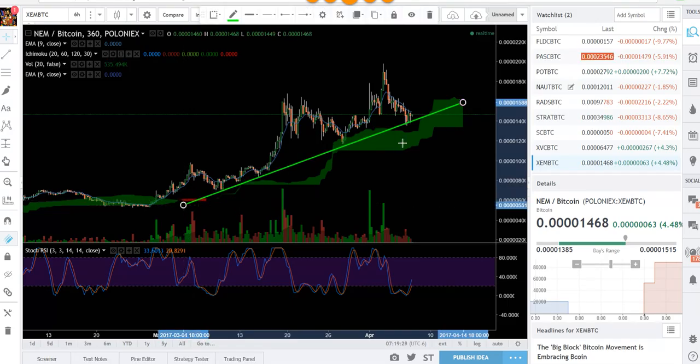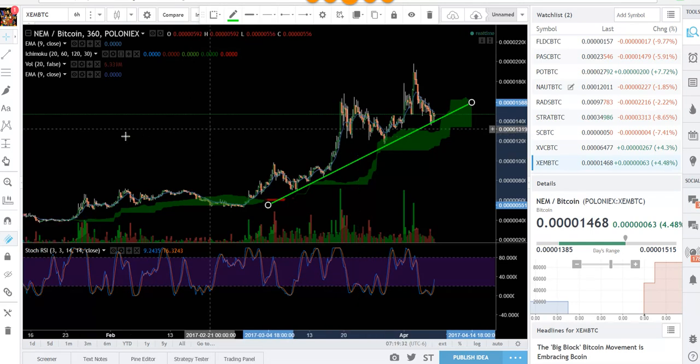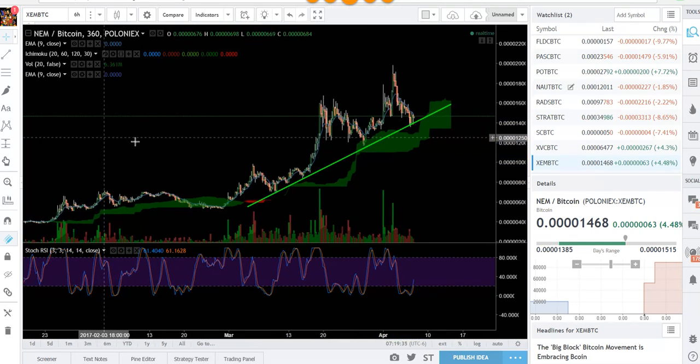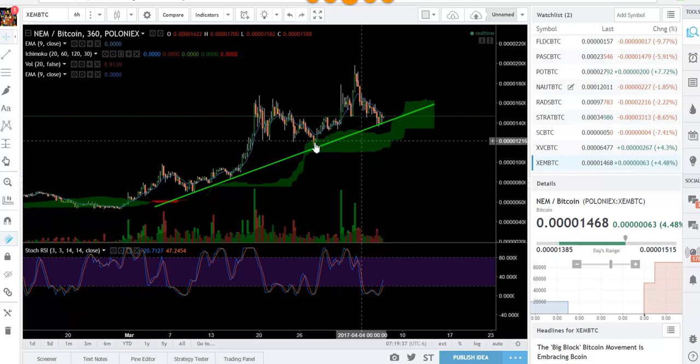Now, when I gave a trade last week on XEM, saying about 1250-ish area, right in here, this is why. I wanted to show you how these pieces of the puzzle come together.